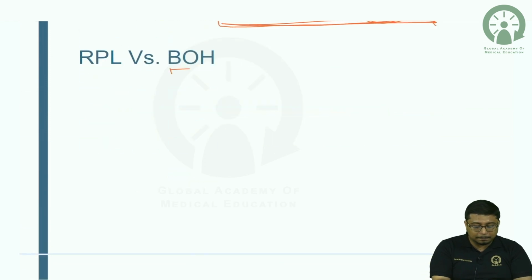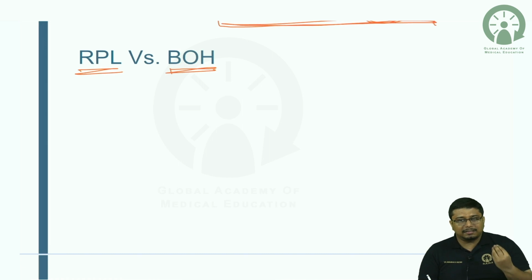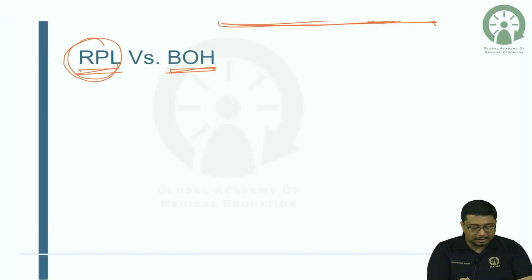Now, there is something called bad obstetric history, which is sometimes used similarly to recurrent pregnancy loss, but truly speaking, bad obstetric history is when there is one event in this pregnancy which can cause damage to the mother or the baby in the next pregnancy. RPL, on the other hand, is recurrent pregnancy loss, which means more than two consecutive losses.